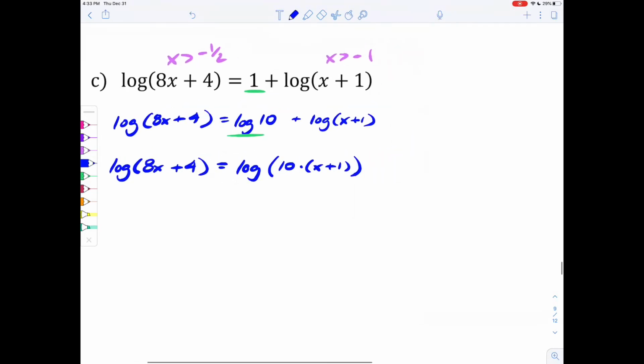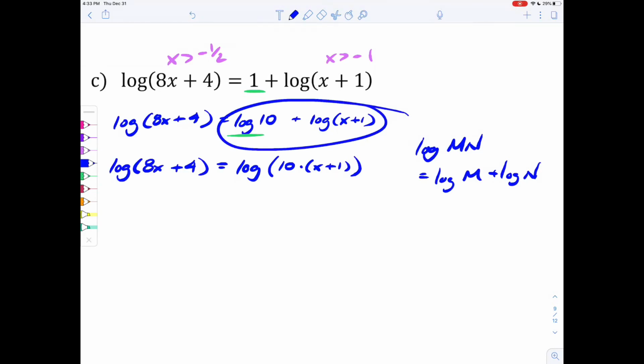And that's again from that law that just says log of mn is log m plus log n. Right? So that's m and n right there, and there's the product mn from that formulaic perspective.